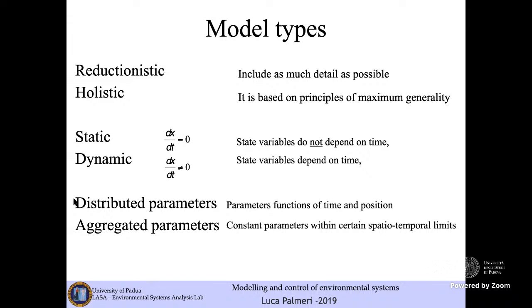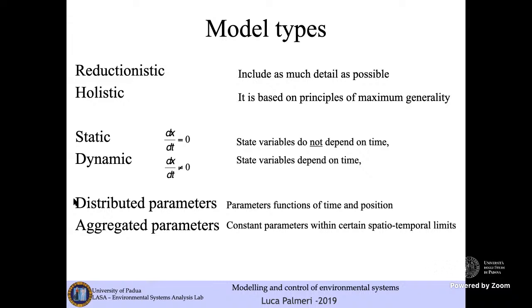Finally, another important distinction is that between distributed and aggregated parameters models. This classification has to do with the definition of scales. As we said a couple of lectures ago, when the modeler starts to build his description of a system, he is faced principally with the definition of spatial and temporal scales.